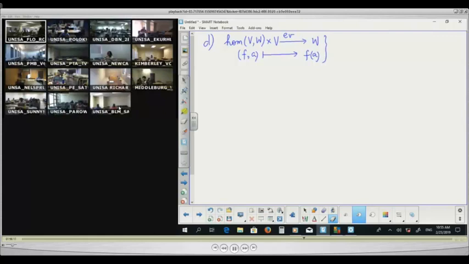It's just evaluation, right? This is not linear. And I want you to find out why. So you come up with an example to show that this is not linear.